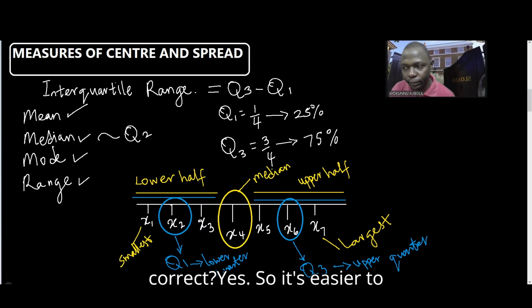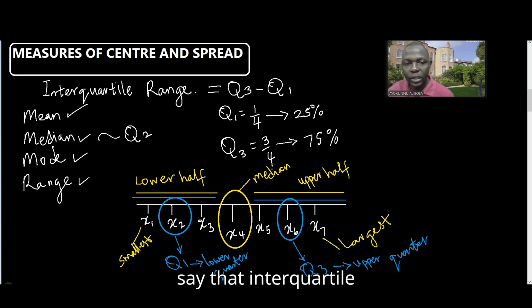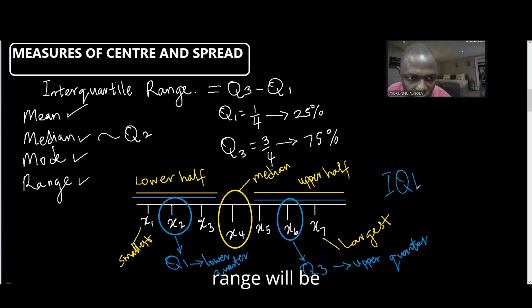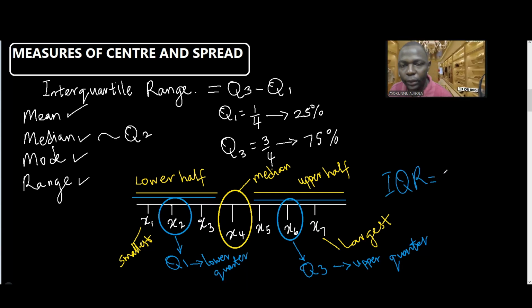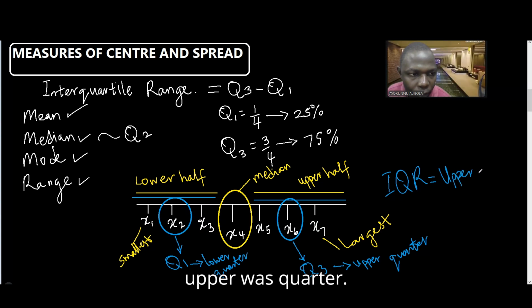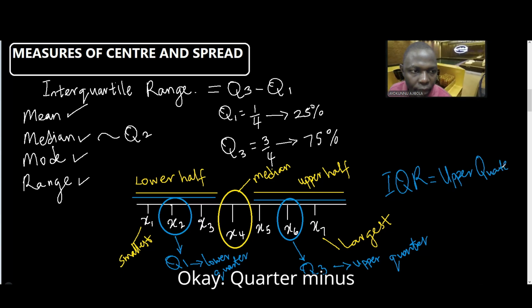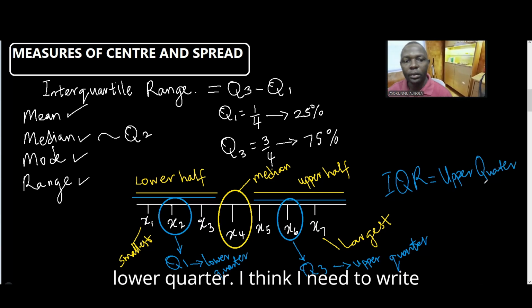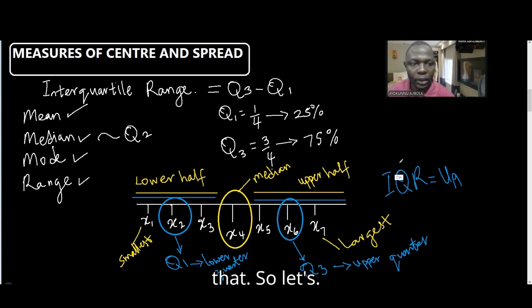Is that clear? So it's easier to say that the interquartile range will be upper quarter minus lower quarter. I think I need to write that.